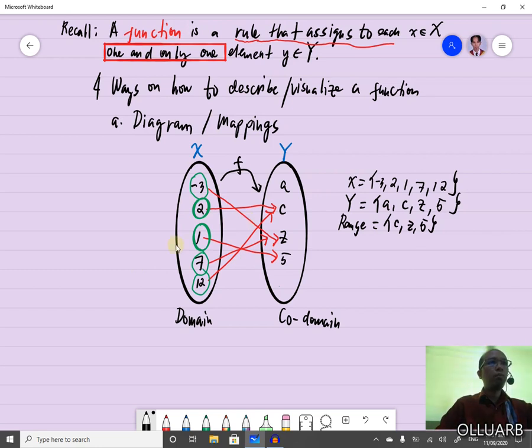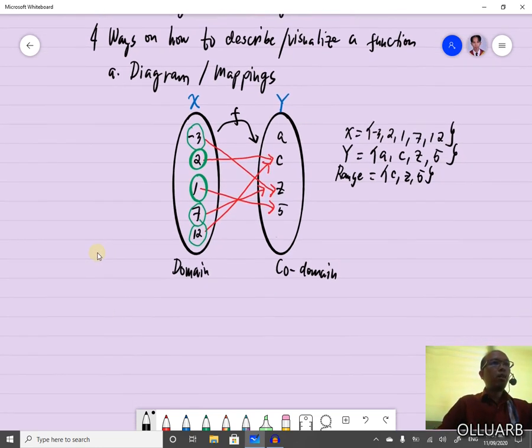So please remember how the function is visualized using diagrams and or mappings. The second one, if you remember, is through ordered pairs. Okay, so for example, our notation here is f. For this example, our function is this.